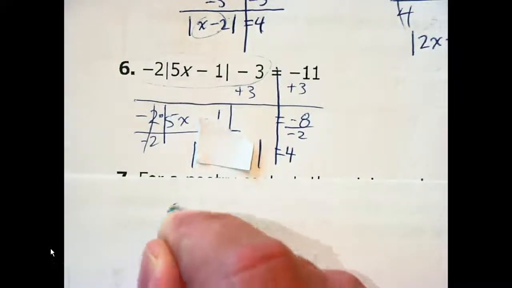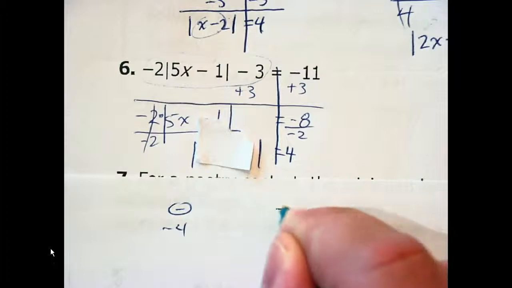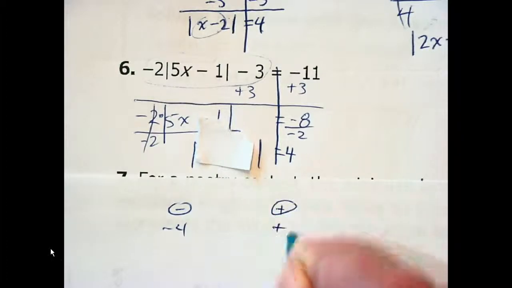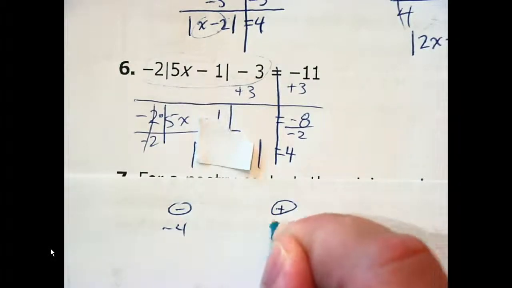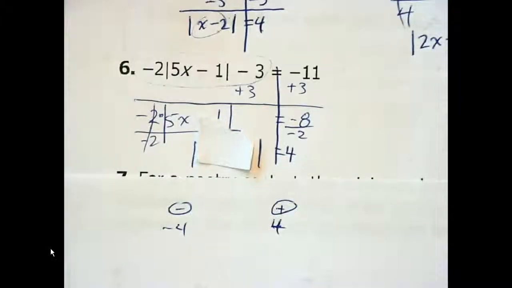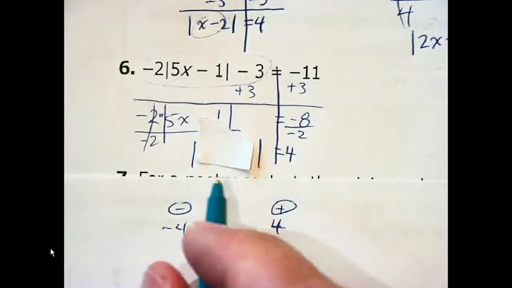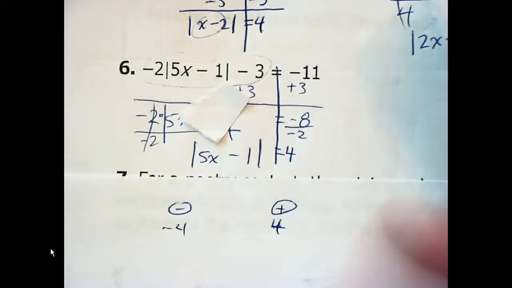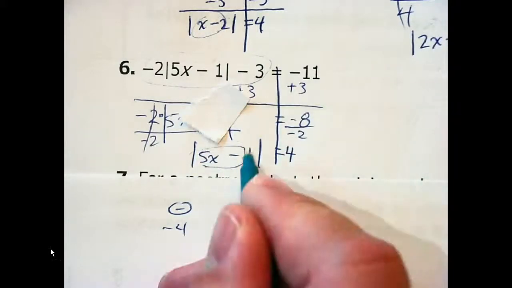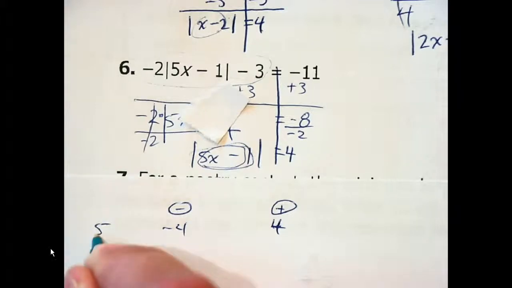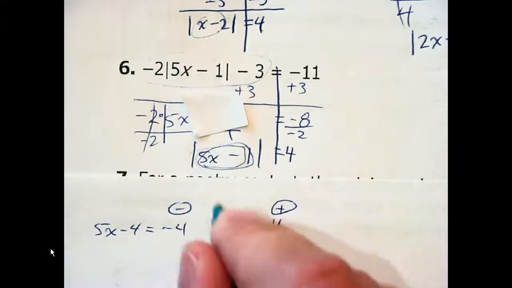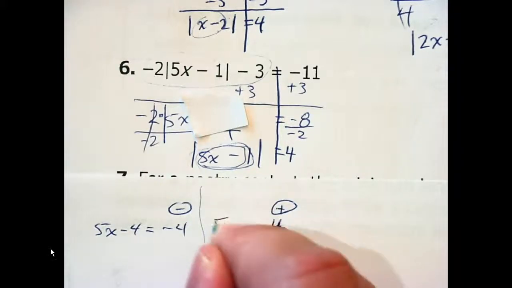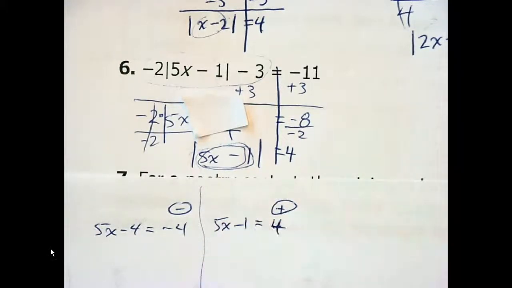You know your negative case is negative 4, and your positive case is 4. The negative case is negative 4. That means this thing inside has to equal negative 4, and this thing inside has to equal positive 4. And then you solve it.